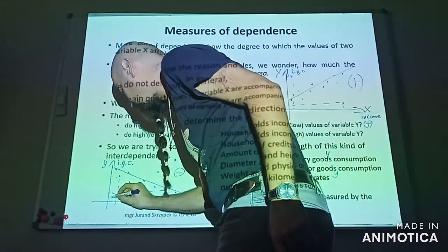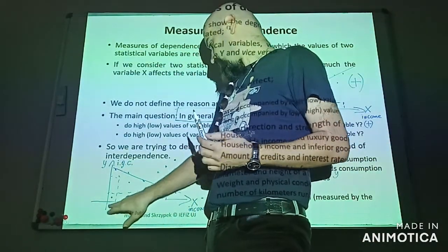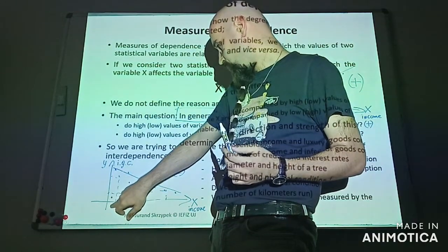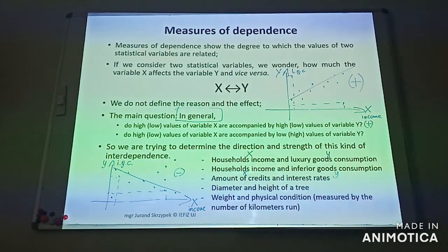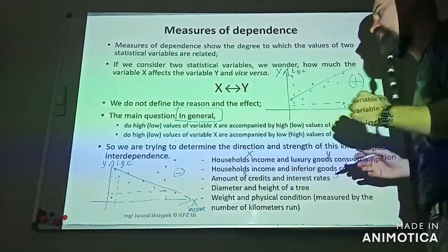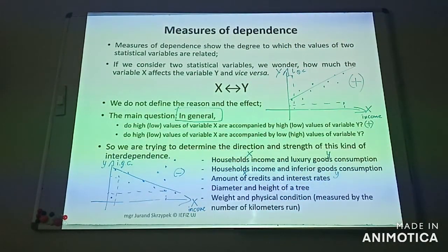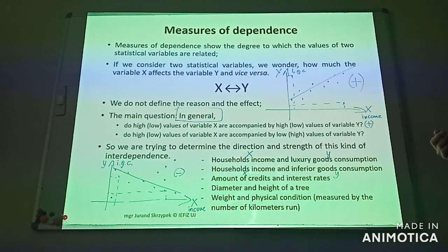We can also find an untypical household in which we have low income and low inferior goods consumption. It is also possible, but the general phenomenon can be perceived here as having a negative character. Alright, you can try to conduct this kind of analysis using the next pairs.